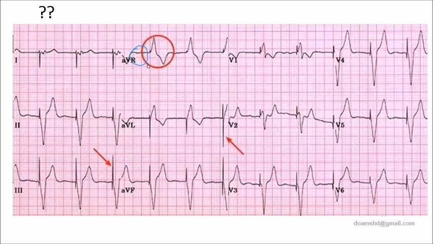Look at this aVR. This is up. In aVR, why is the electricity positive? That means electricity is coming from the right side more. And here, look at down. This is a spike happening before the ventricular complex or atrial complex.